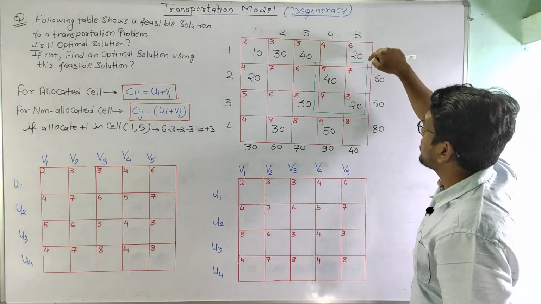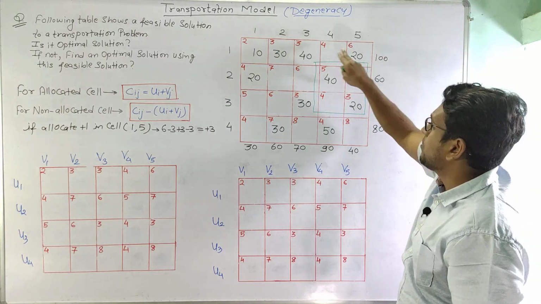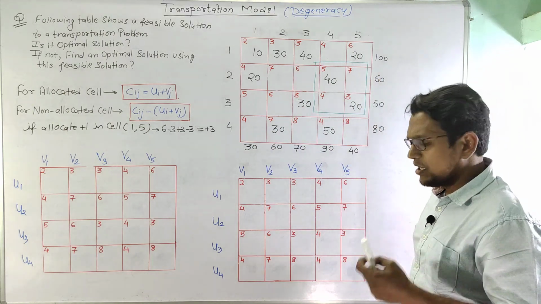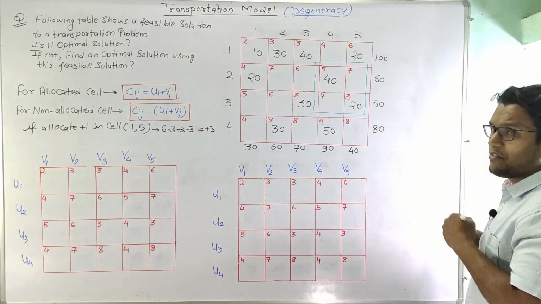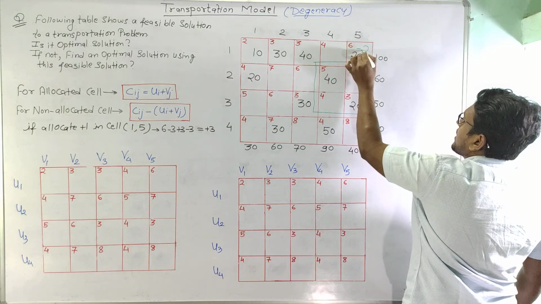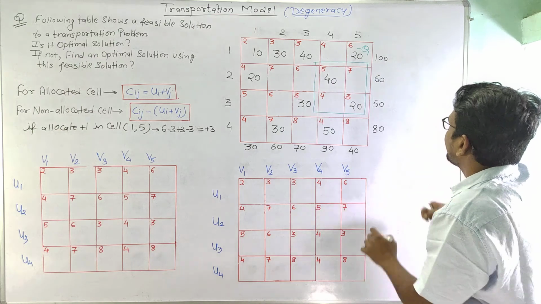That means if I withdraw 1 unit from here, then the overall transportation cost is decreased by 3. So what we will do is we will select a variable theta 1 and I will subtract theta 1 from here. And what is theta 1?